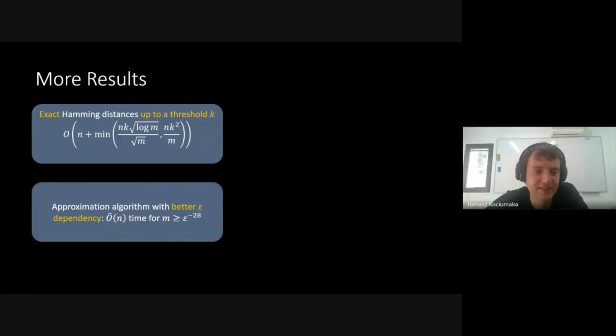So maybe this will open some paths of using fast matrix multiplication for text-to-pattern Hamming distances. And in particular, here we use the fact that very thin matrices can be multiplied in time nearly linear in the output size. And the ratio between the dimensions of those matrices is why we get such a constant 28.